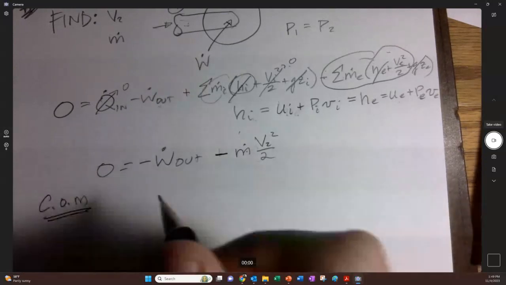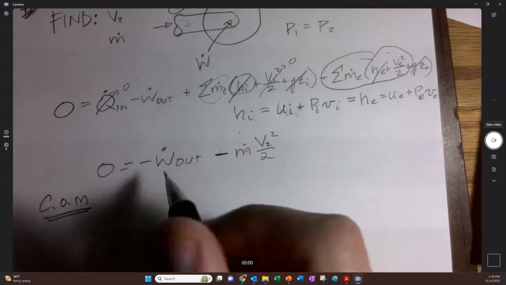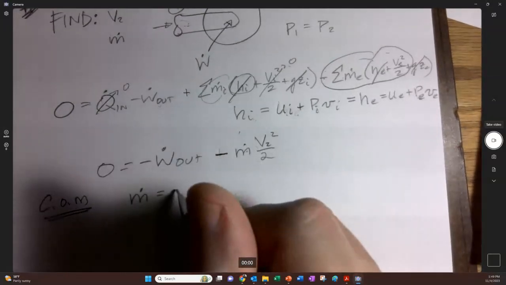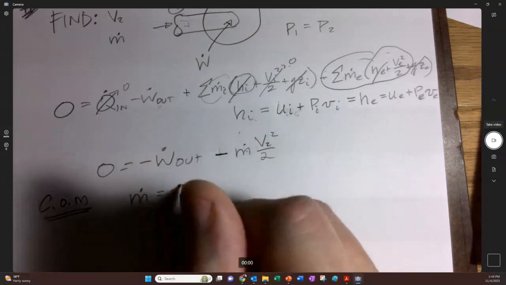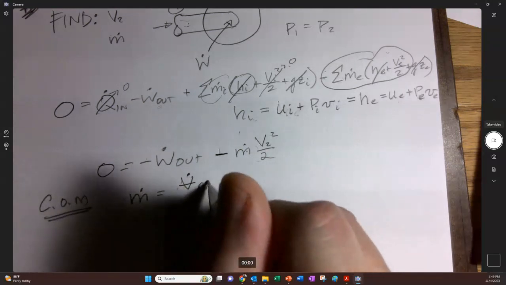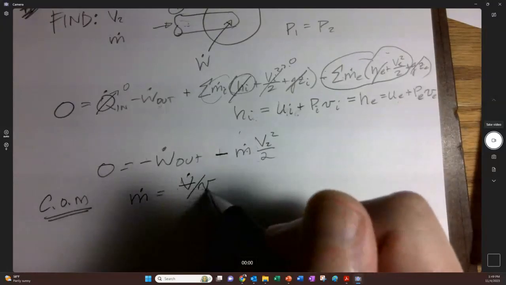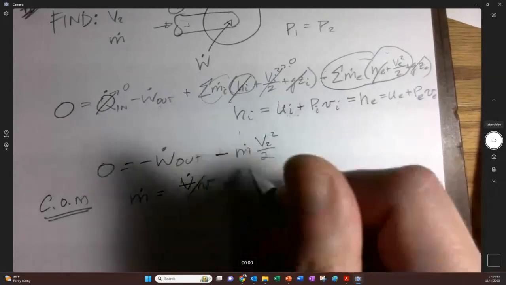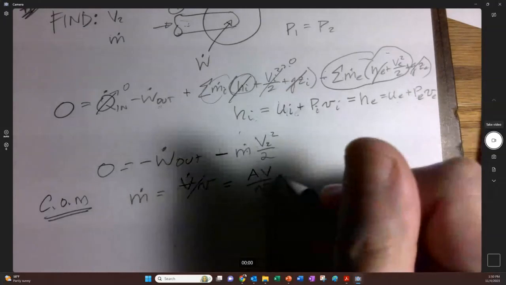This is a problem that would take me a little while, on my own looking through the thing, before I had my aha moment. We would have that the mass flow is going to be equal to the volumetric flow divided by my specific volume, and that can also be the area times the velocity divided by the specific volume.